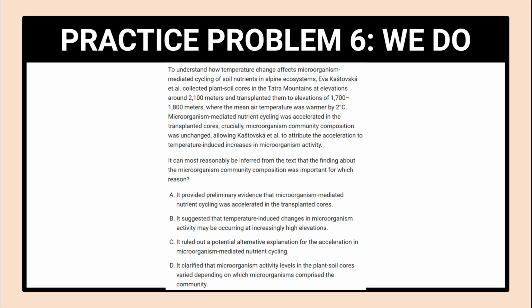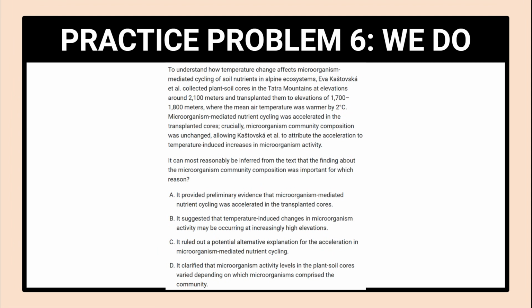Now, why is this? This is because it most accurately describes why the finding about the microorganism is important because of community composition. It tells us that the experiment by Ava and her team, where they collected plant soil cores at one elevation and transported them to sites at lower elevation with a warmer average air temperature.